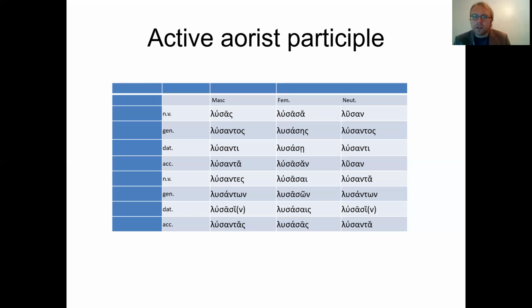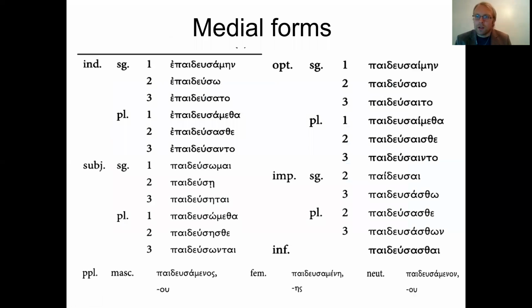All right, but let's turn to the medial forms then. This is quite a packed PowerPoint, because we're not going to go through all of these medial forms individually. You will have to learn them more thoroughly by yourself later in preparation for the exam maybe. But if we look at these indicative forms here, you can see that they are again augmented, just like in the active.